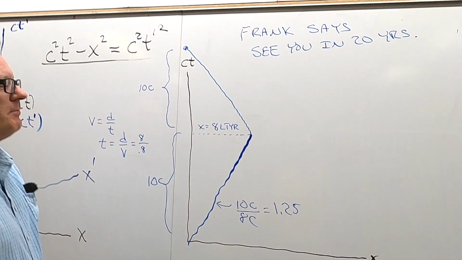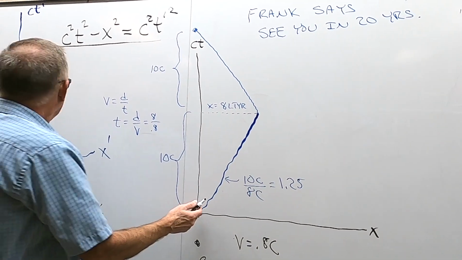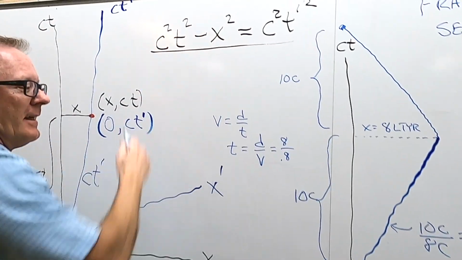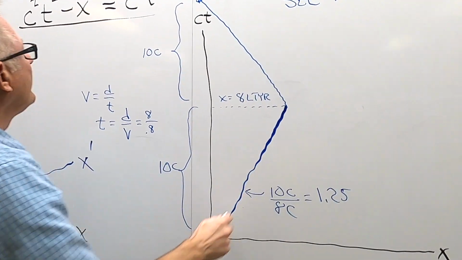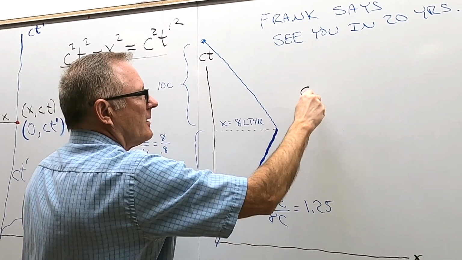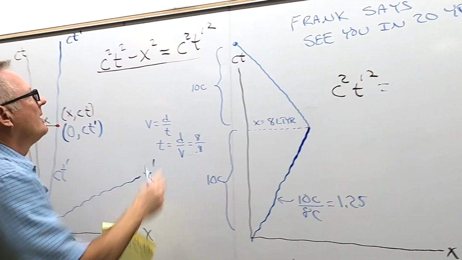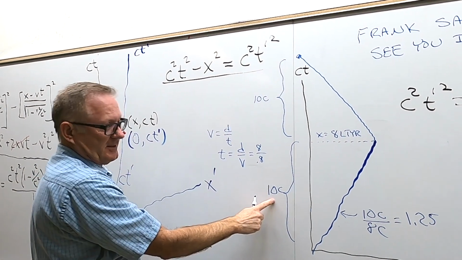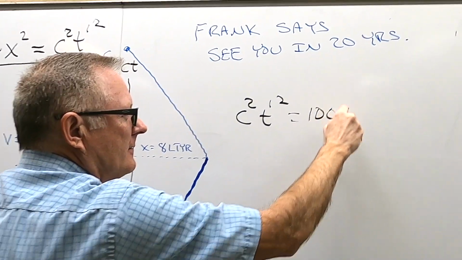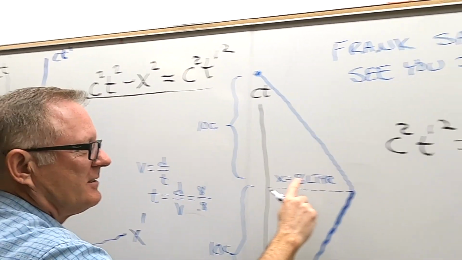Okay, now what about Mary? Now we'll look at Mary going up this way. Well, we already know we have this rule here, that this length right here, c squared t prime squared, let's just write that down, c squared t prime squared should equal this squared, well it's just this squared, 10 squared c squared, that's 100 c squared, minus x squared, which is 8.